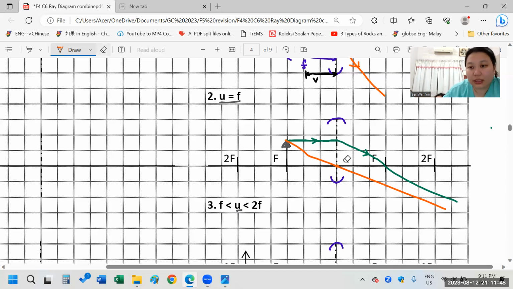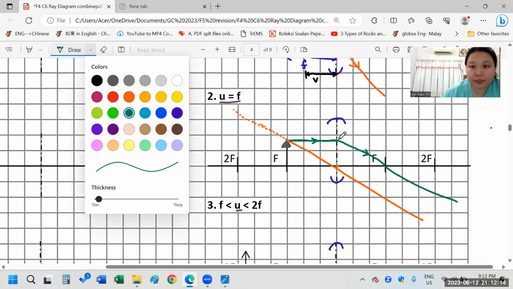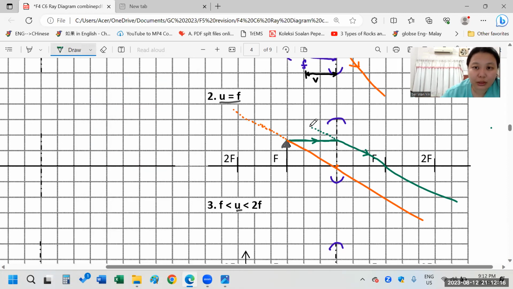Then you will find out I drew something not nice here. Actually these two lines are parallel, correct? You find out they cannot intersect, right? It's okay, make them intersect. We extrapolate.